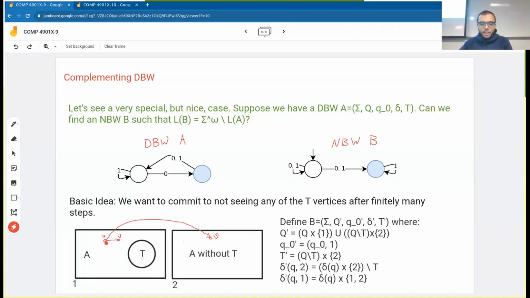I say that from each vertex, you can either have the transition that you already had in A, or you can transition to the new copy, and that transition is the same as committing that you will never see T. Intuitively, it seems this should work even if I have non-determinism in my original A. But it doesn't. Why doesn't it work?